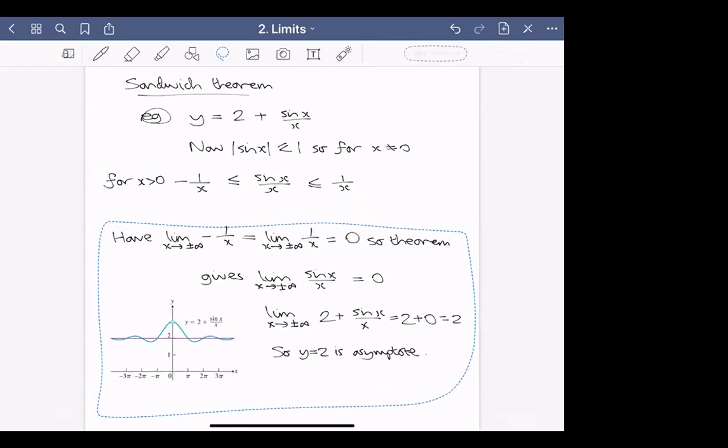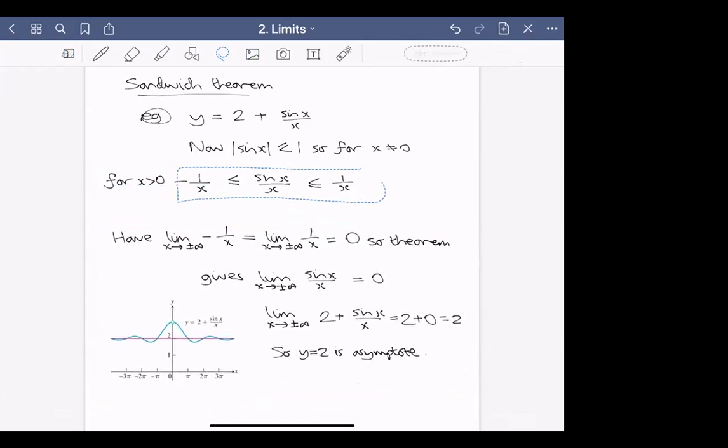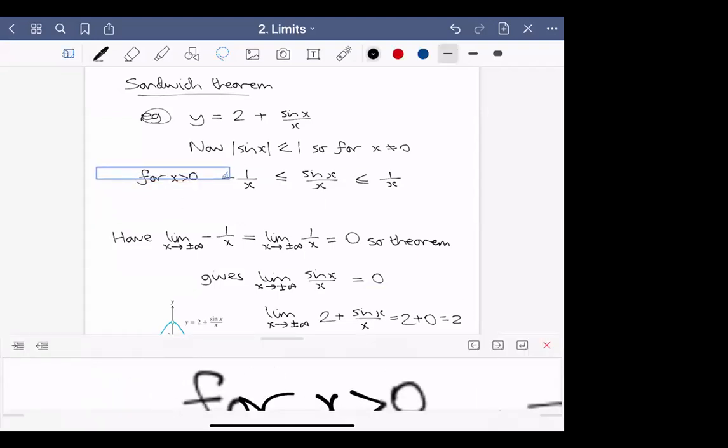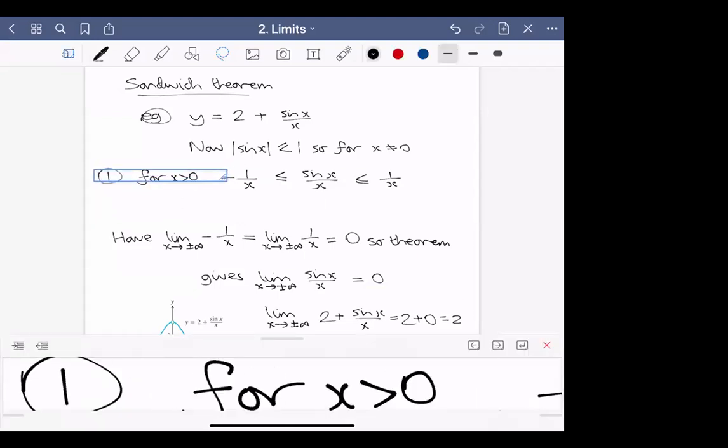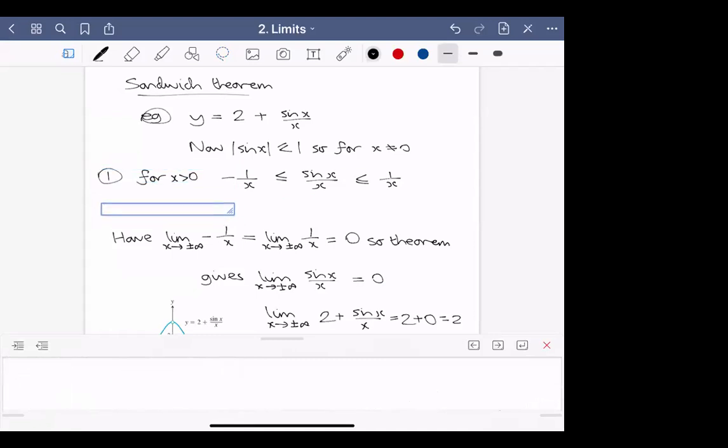A message in the chat correcting me. So what I said was true for x greater than 0, but not true for x less than 0. Can you see why?